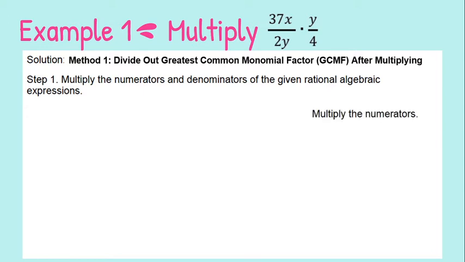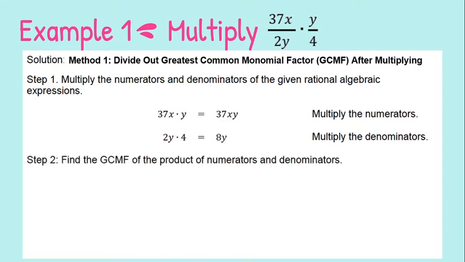First, multiply the numerators: 37x times y is equal to 37xy. Next, multiply the denominators: 2y times 4 is equal to 8y.